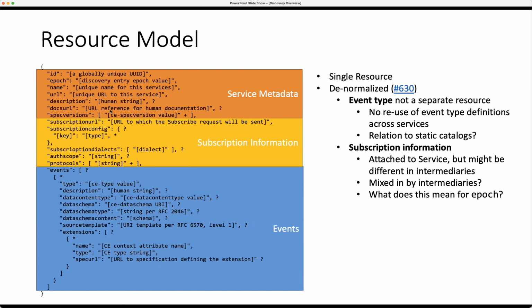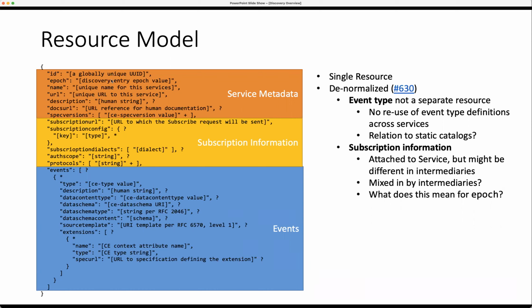And also the ID being a UUID, I wonder if that's really something to stick to, or if some URI would be more suitable. Those are things I'm looking at.